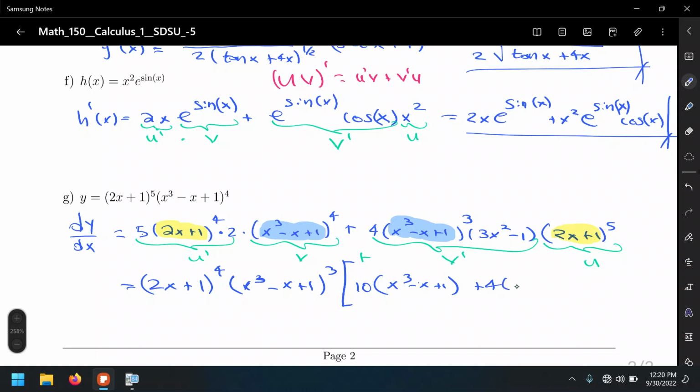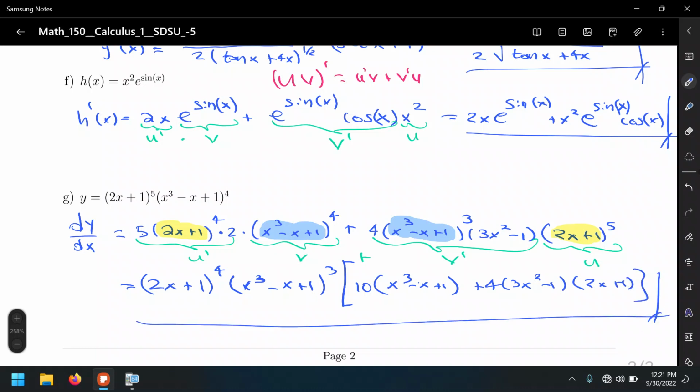This 3x squared minus 1 wasn't factored out. And out of the 5 powers of 2x plus 1, we factor out 4. That's 2x plus 1. Simply one more power, and we can leave it like this.